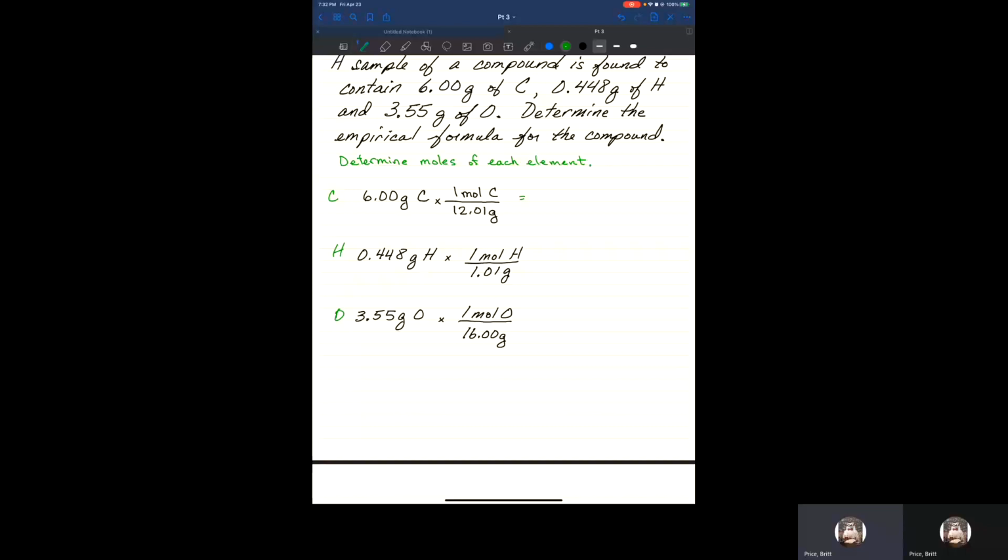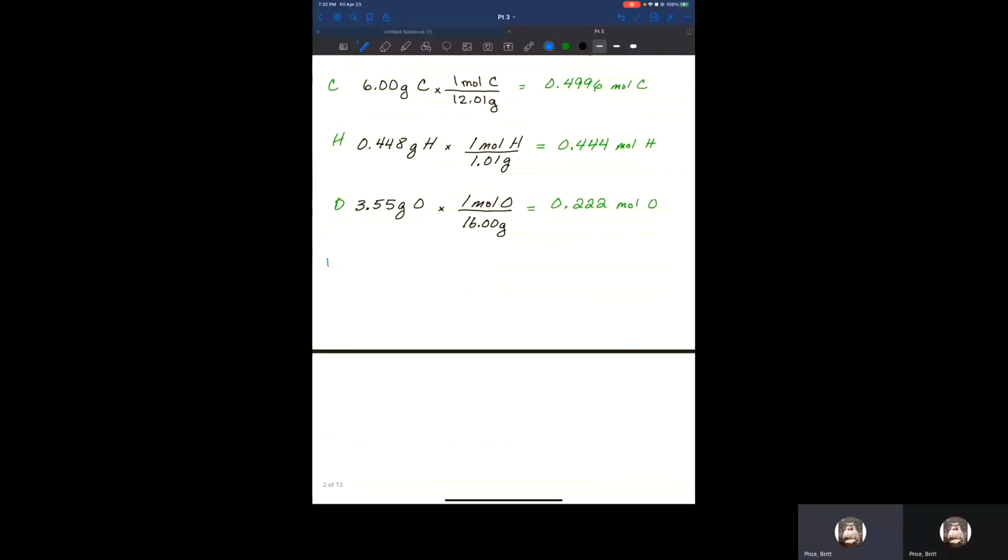All right, so I do the calculation here, and I have 0.4996, and here I have 0.444, and here rounded it becomes 0.222 moles of C, moles of H, moles of O. So the next step is to go from the moles and to find the whole number ratios.